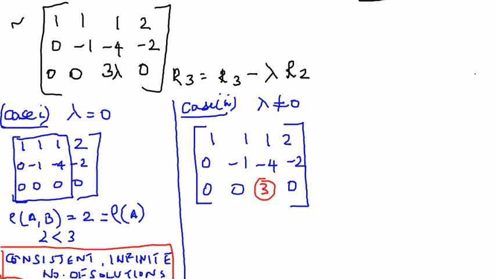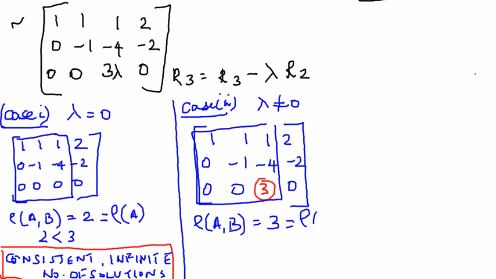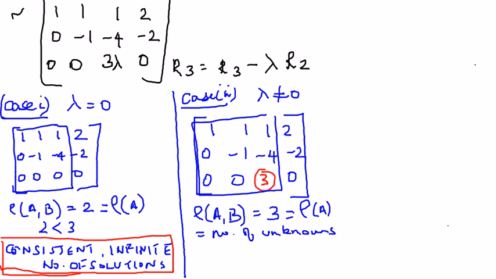In this case, what will be my rank of A and B? My rank of A and B, number of non-zero rows, will be 3. My rank of A will also be equal to 3, and this will be equal to the number of unknowns, right? X, Y and Z. So in this case, what can I say?